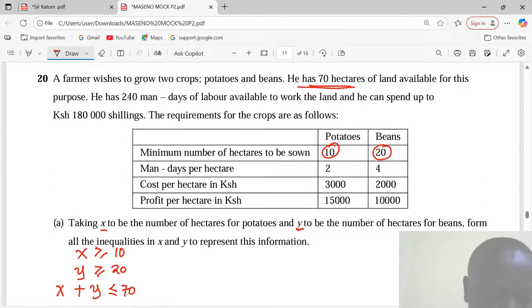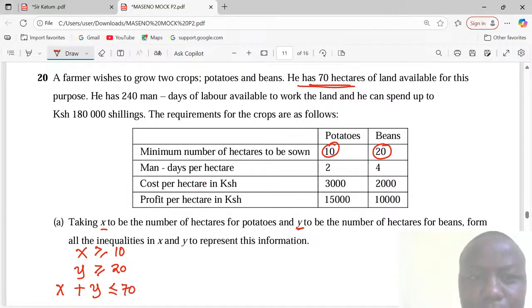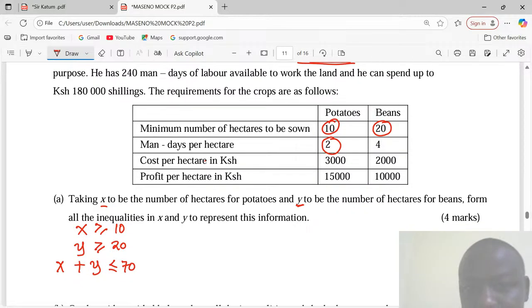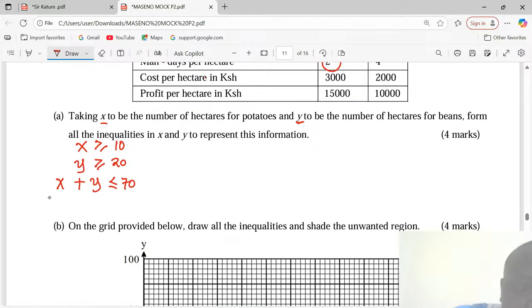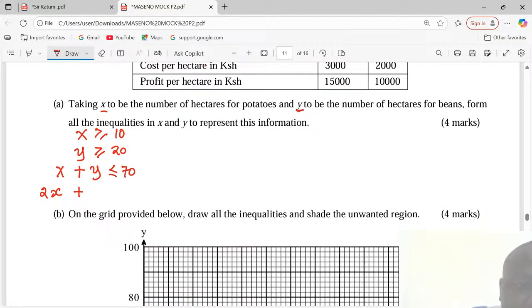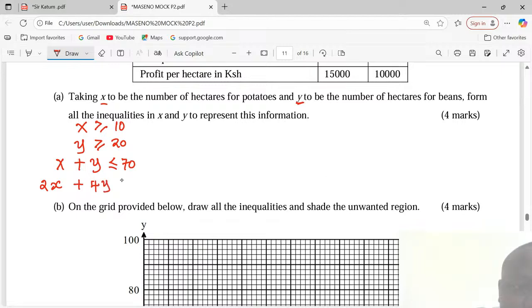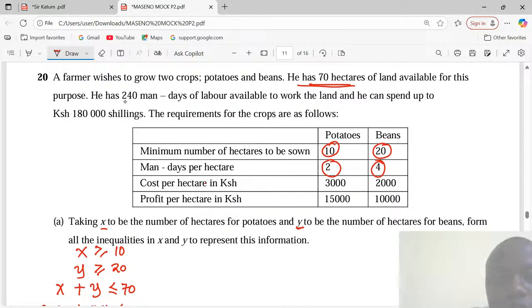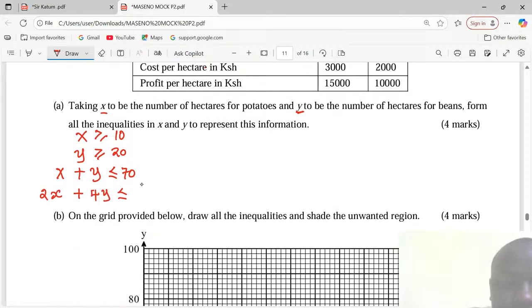we have 240 man-days per acre. When we pick 2 times the acres of potatoes, then 4 times the acres of beans, this can either be 240 or below.